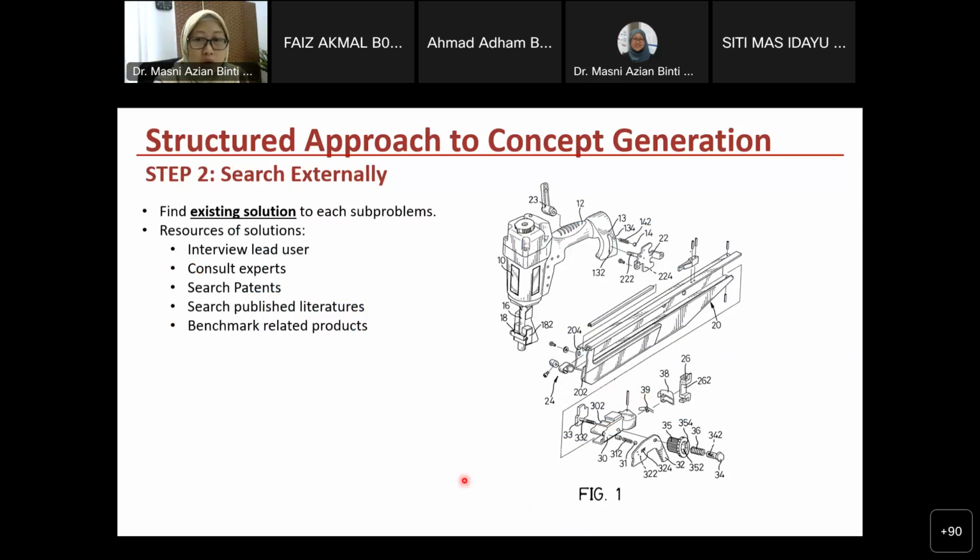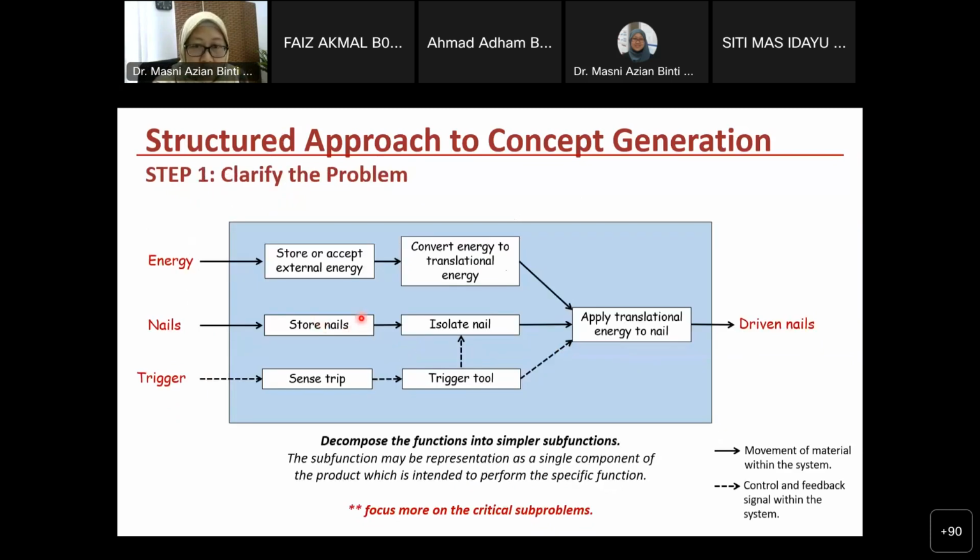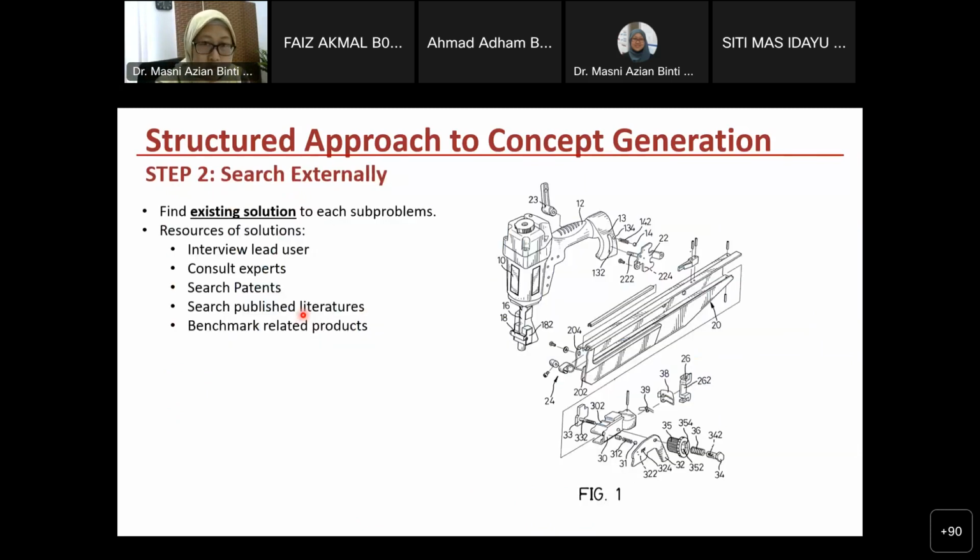Okay, so in this activity, basically you find existing solution to each sub-problem. Let's say kalau you nak cari design of nail storage, so you akan break down your search into nail storage ideas.